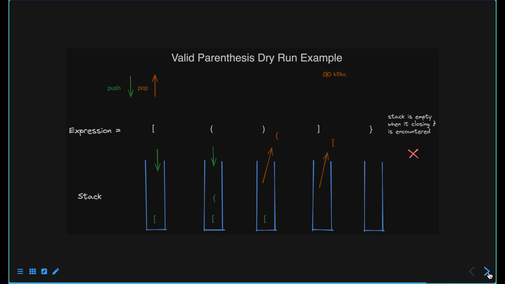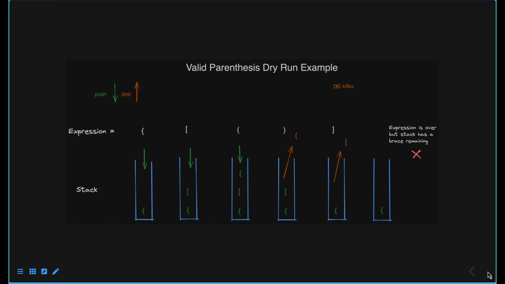Now let's look at the final example, where we again have an empty stack, and we are given the expression with an open brace, square bracket, parenthesis, closing parenthesis and square bracket.